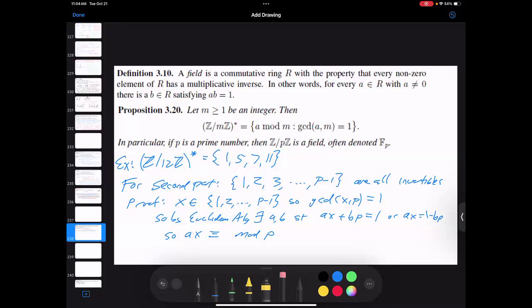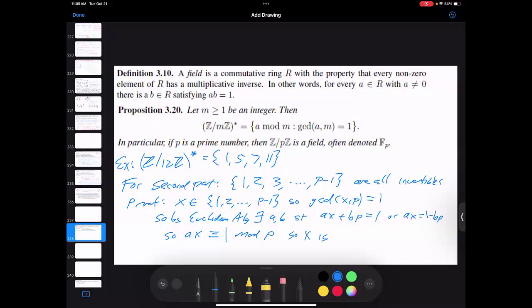So we have AX plus BP equals 1, or AX equals 1 minus BP. So when we look at things mod P, what is 1 minus B times P congruent to mod P? We're just looking at the right-hand side mod P. So what is 1 minus BP congruent to mod P? 1. Right?